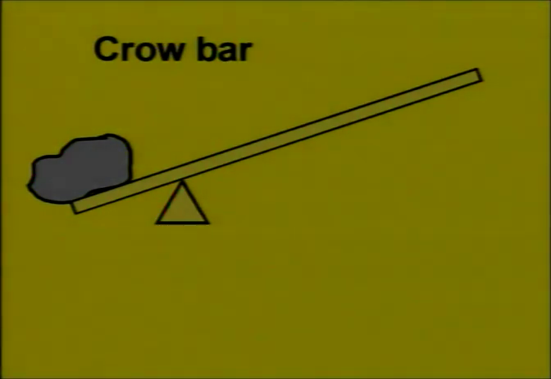You can just write the names down, and beside that you write either type 1, type 2, or type 3.